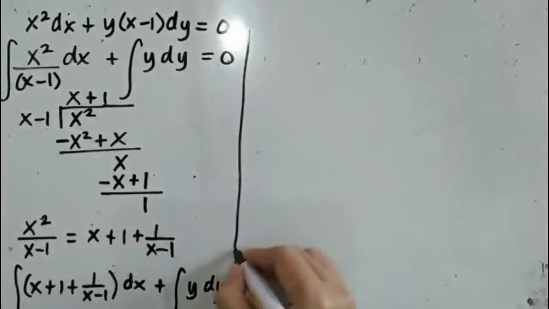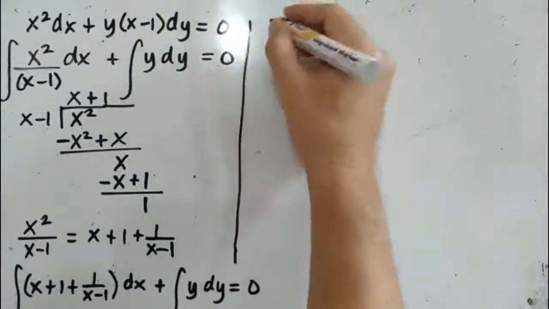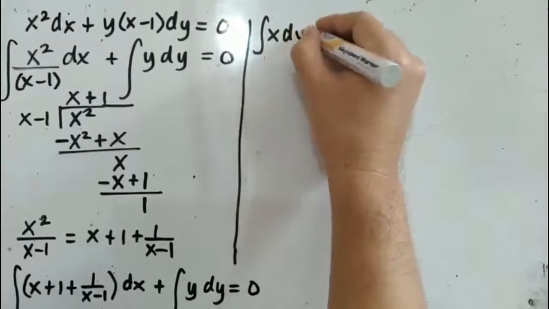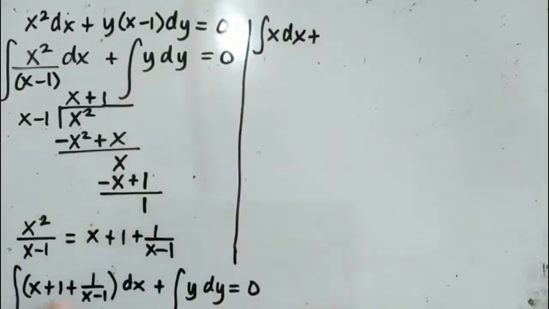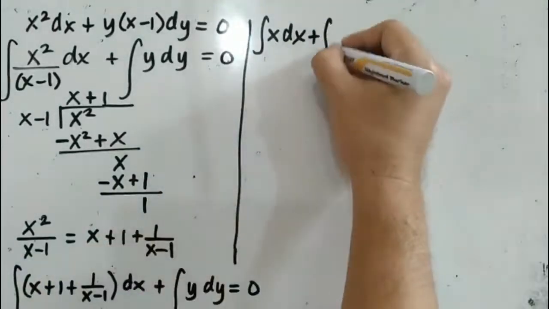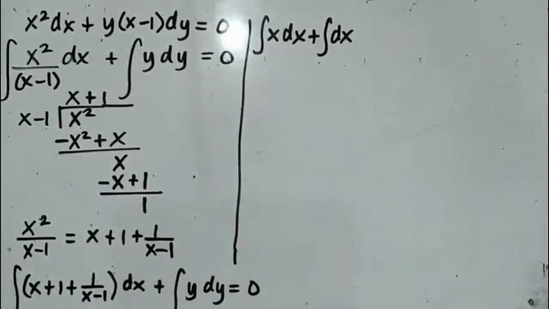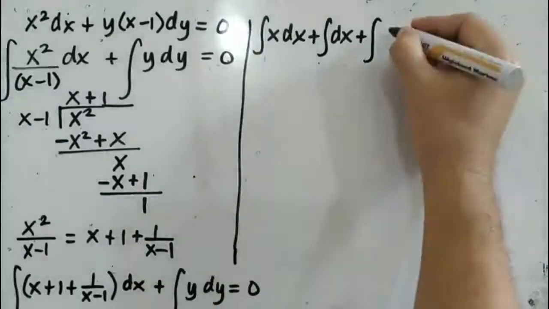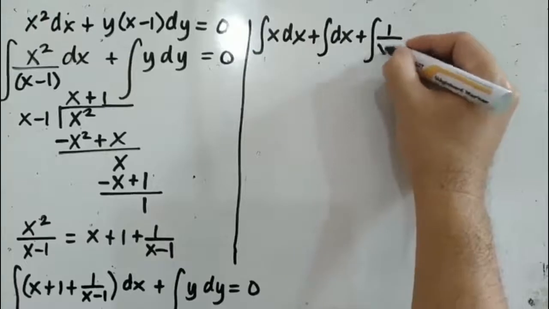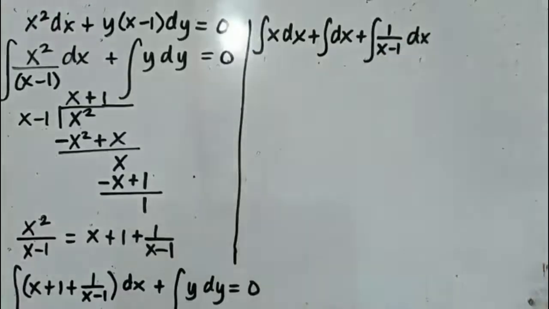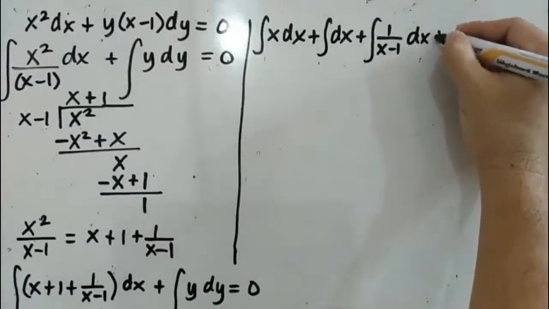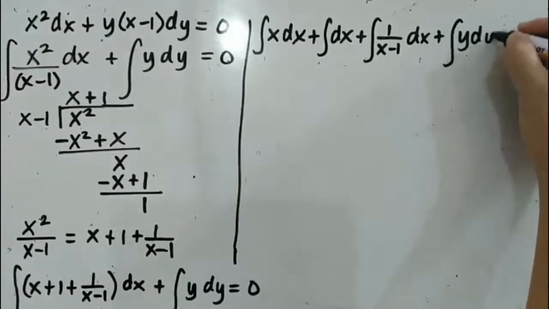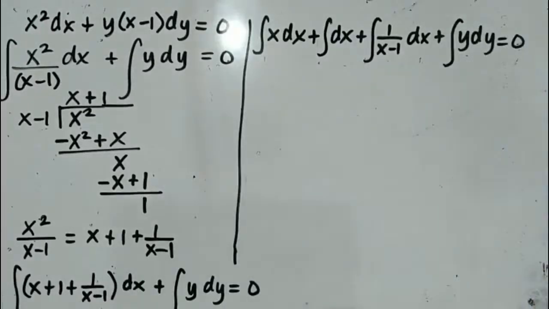Okay, so we have here integral of x dx plus integral of 1 dx, or simply integral of dx, plus integral of 1 over x minus 1 dx, plus integral of y dy equals 0.